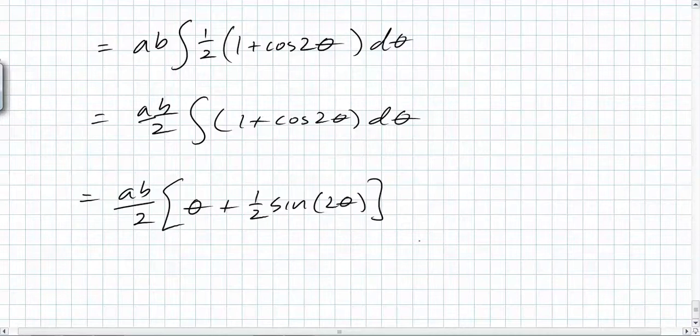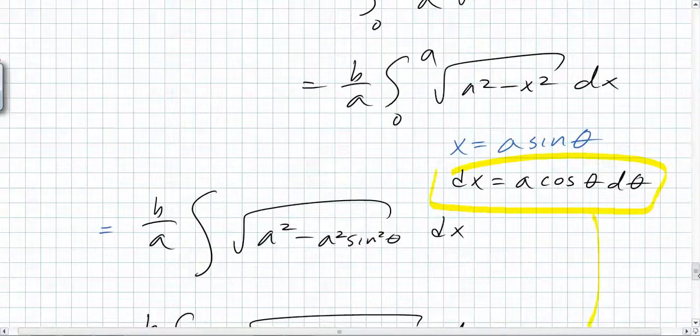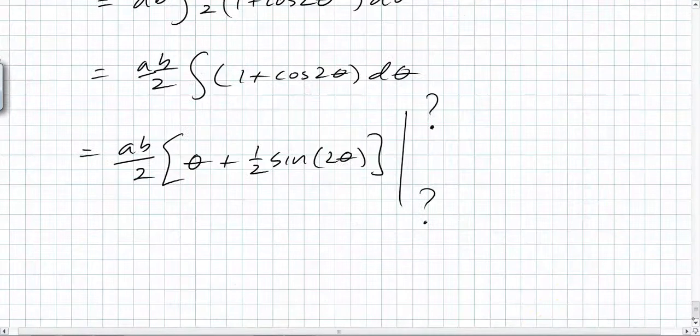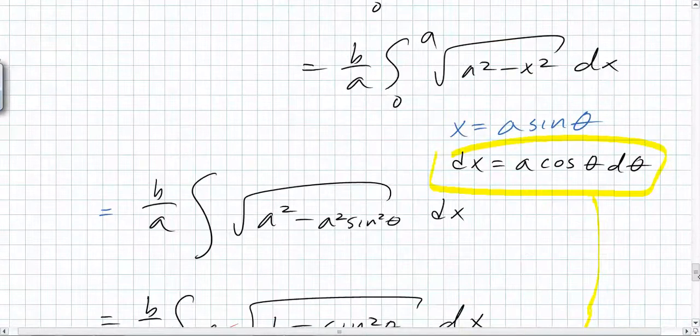Wonderful. So now the question is, what do we do from here? Well, we don't know what our limits of integration are. We could put x in again. What does x equal? A sine theta. So what does theta equal? The sine inverse of something? Yeah, not nice.